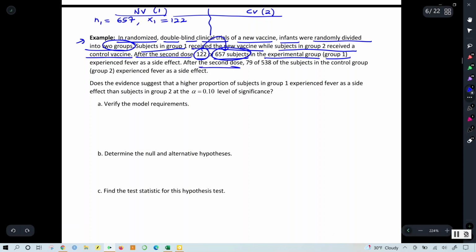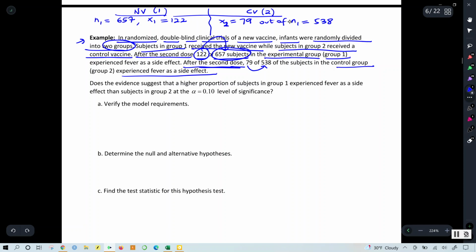Whereas in the second case, or the second population, we're told that after the second dose, for those in the control group, that is the second group, 79 out of 538 of the subjects experienced fever as a side effect. So you have X1 is 79 out of N1, which is 538.